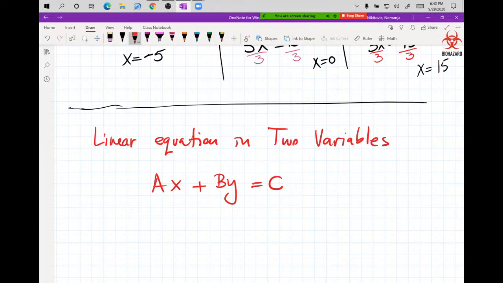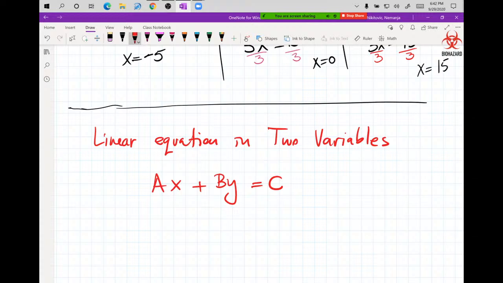And we try not to have fractions here. We like to have whole numbers. You could force fractions and decimals, but you can always get rid of them by multiplication.